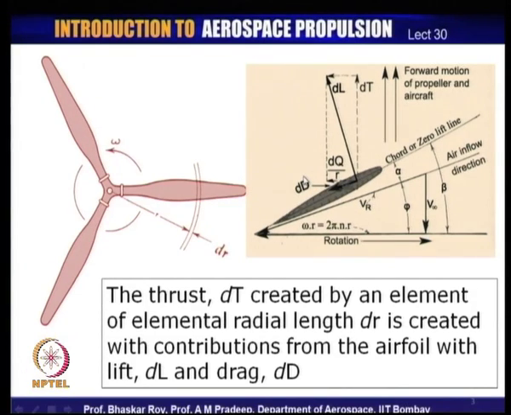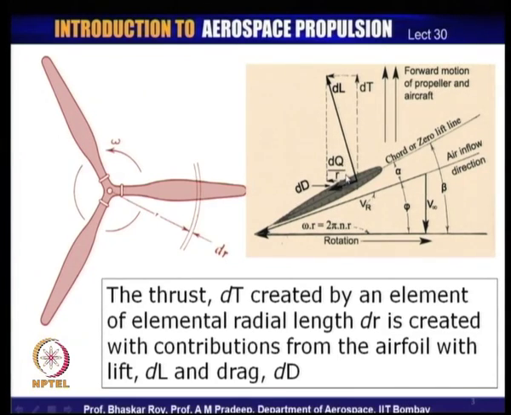And if they are matched, if the torque supplied by the engine matches with this torque requirement of the propeller of this particular section, then we have a situation where we get the thrust that we want. So, the lift and the drag are the characteristics of the propeller.